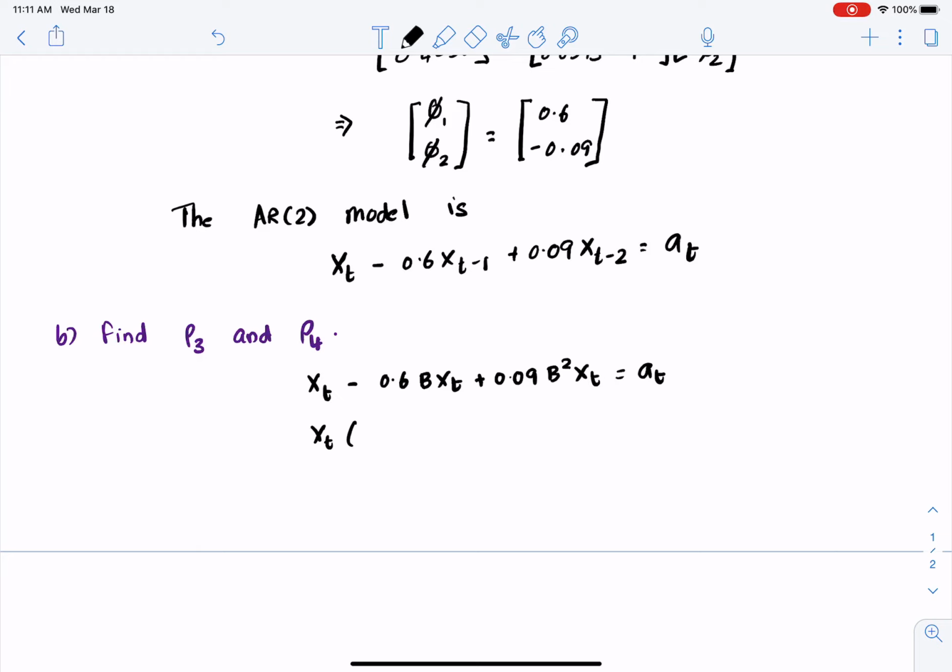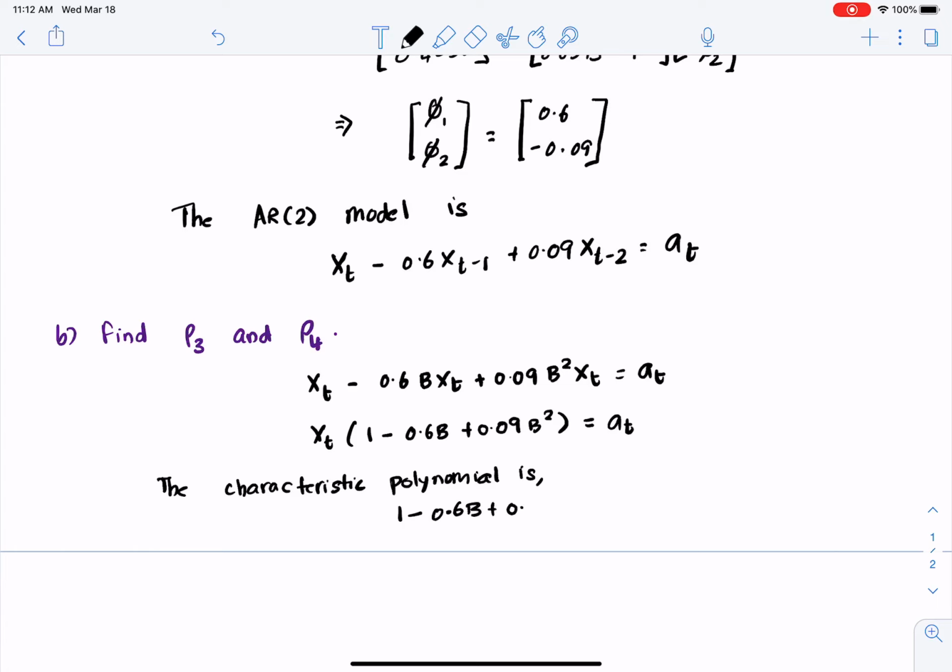We have xt in common, so 1 minus 0.6B plus 0.09 B squared times xt equals wt. So the characteristic polynomial is 1 minus 0.6B plus 0.09 B squared. That would be phi of B.